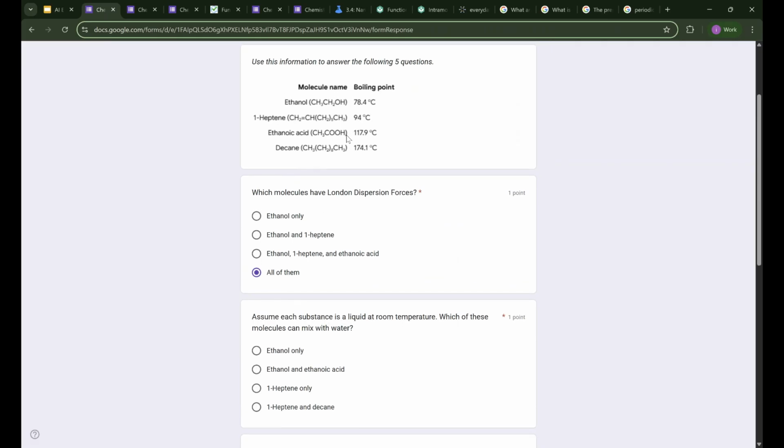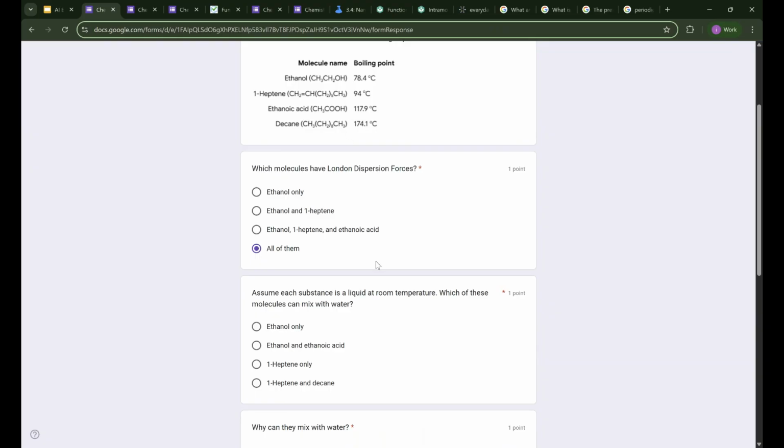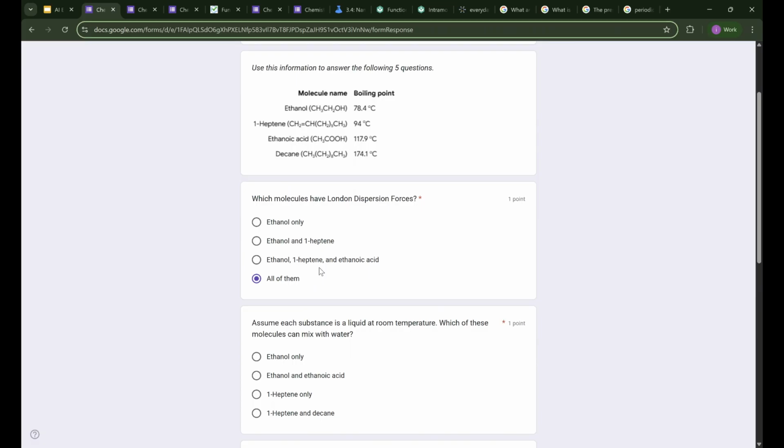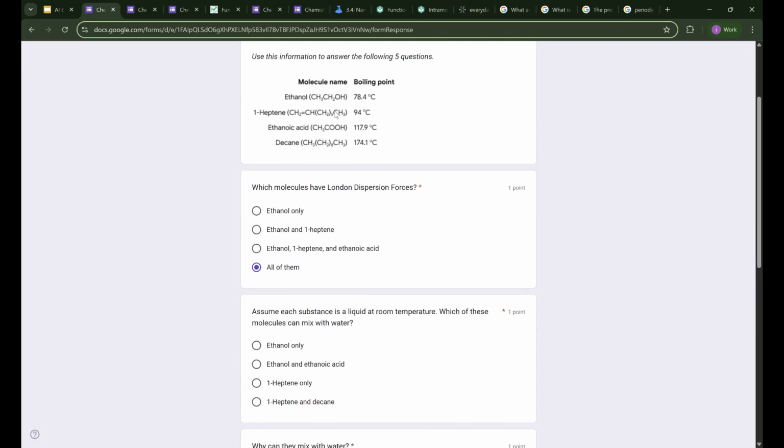I think this one might be able to mix with water, but not as easily because it's quite big. 1-heptene, I don't think it can. So it's not these two for sure. I think it's this one because that's got the OH and this has also got the OH.